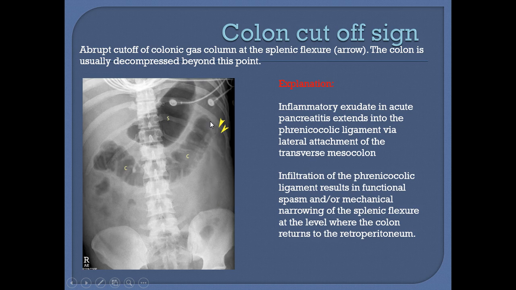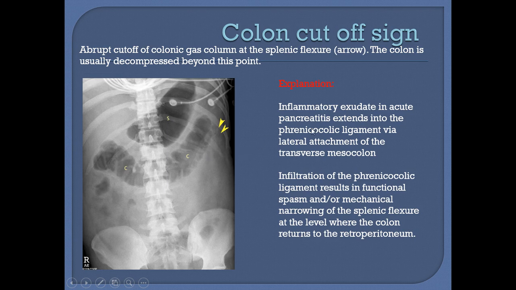The spleen lies here, the liver lies here. The turn between the transverse colon and the start of the descending colon is called the splenic flexure, and this is the hepatic flexure.